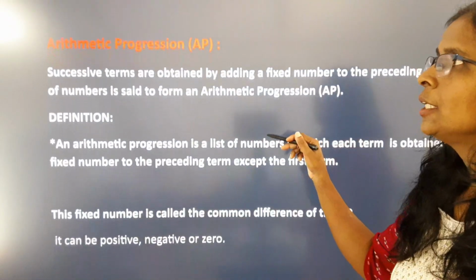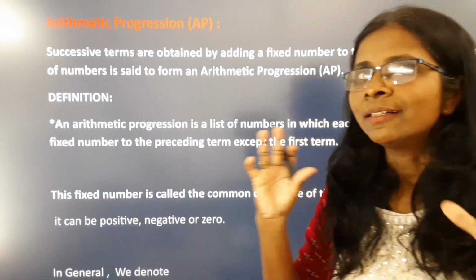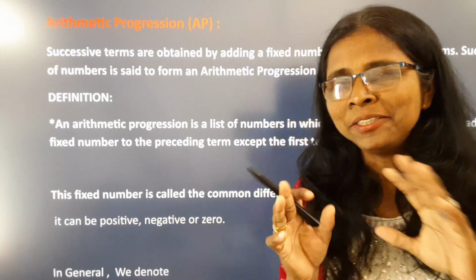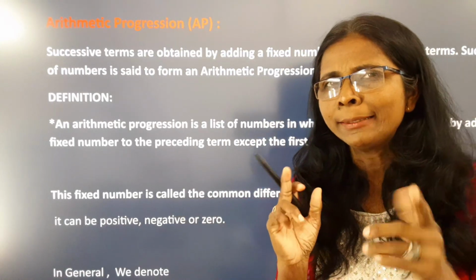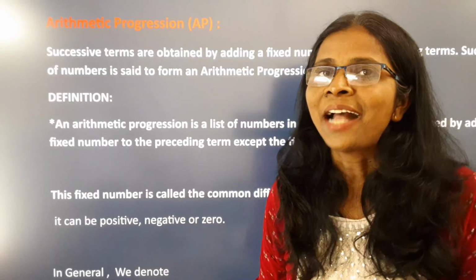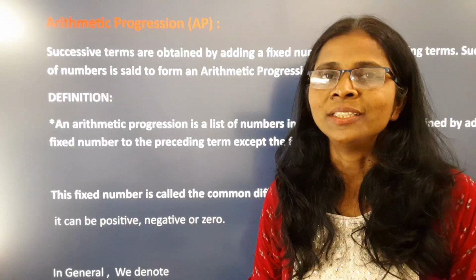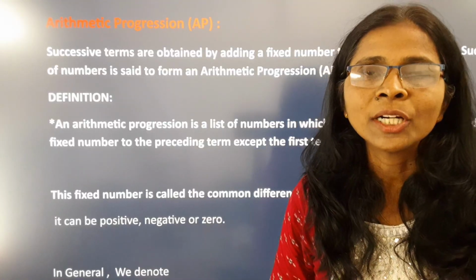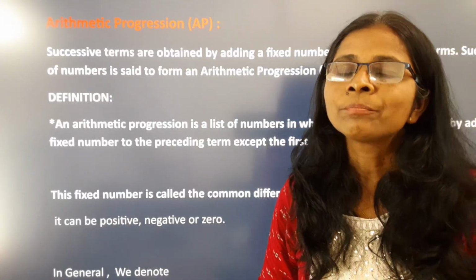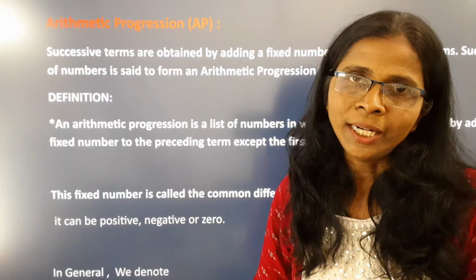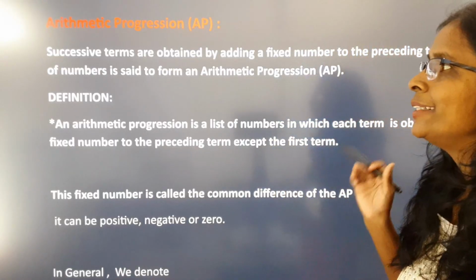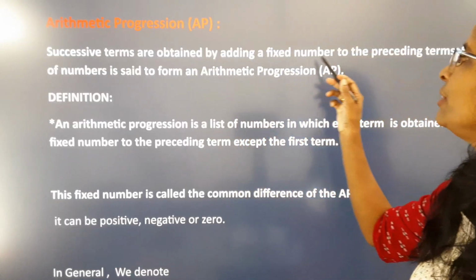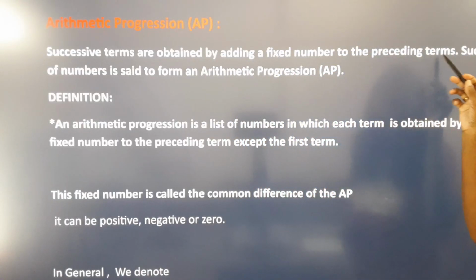Now we get an idea about what arithmetic progression is: there is some specific pattern in it. But which type of pattern is included here? Let us see: the successive terms are obtained by adding a fixed number to the preceding term.